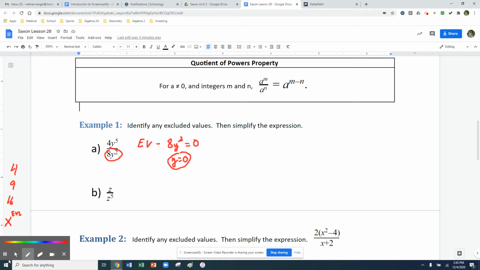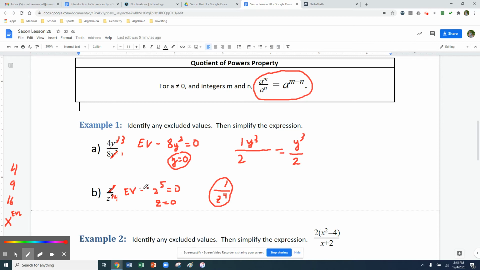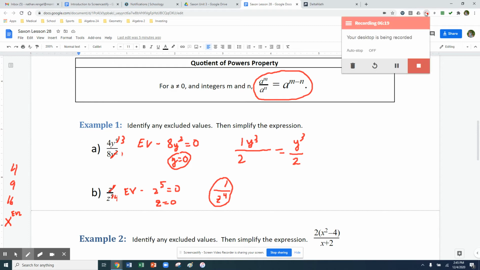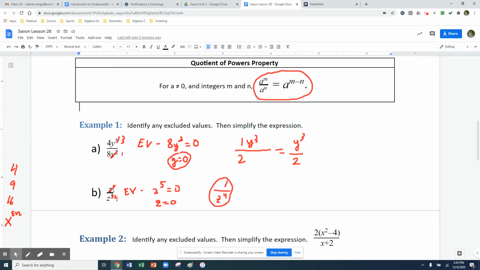Next, we'll look at simplifying. So we'll start by taking the excluded value, z to the fifth, setting it equal to 0. So z to the fifth is just z times z times z times z times z, which is going to be 0. And then I'm going to start to simplify my rational expression.